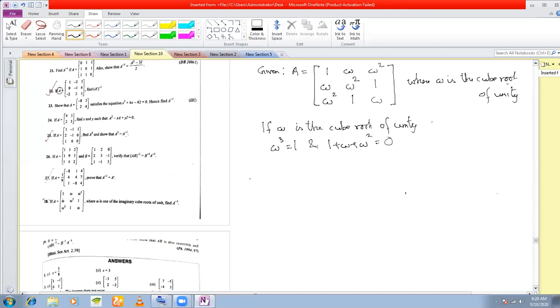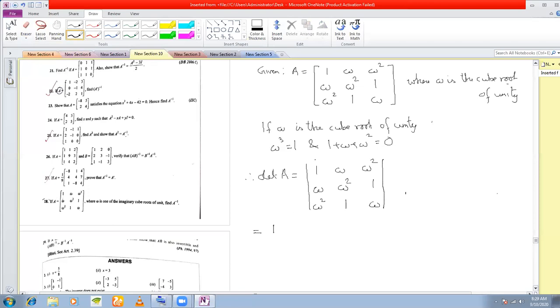Now we'll find the inverse of A. So let's first find det A. Let's check whether A is singular or non-singular. Det A is the determinant of 1 omega omega square; omega omega square 1; omega square 1 omega. So let's see what this value comes to.